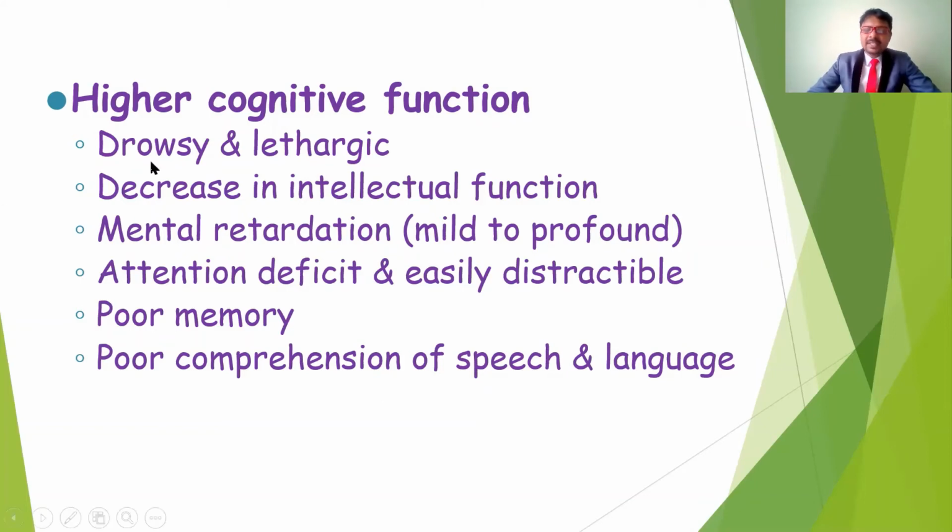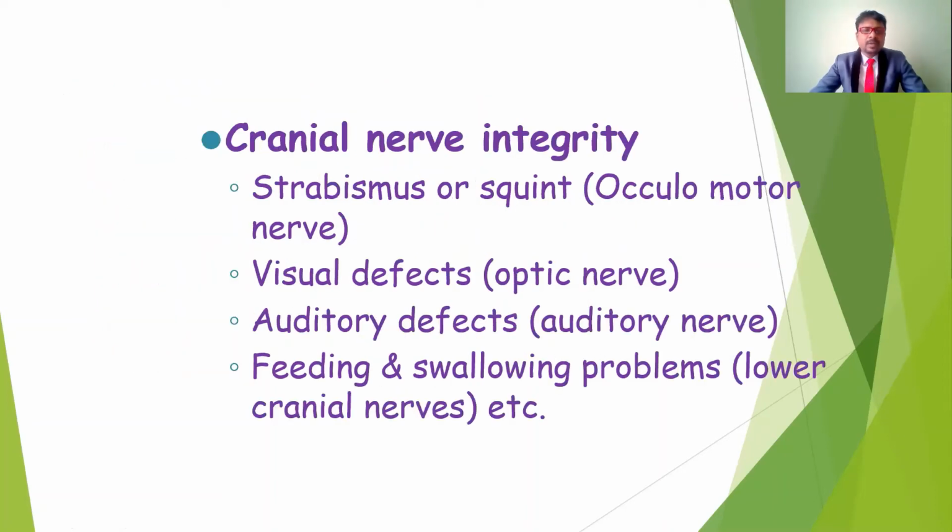Those with cerebral palsy may have poor memory, attention, comprehension, speech and language. But in spastic type cerebral palsy, speech and language are not much affected compared to other types.